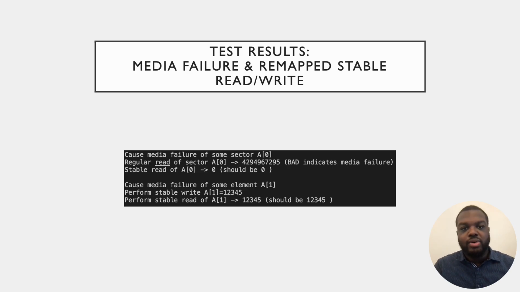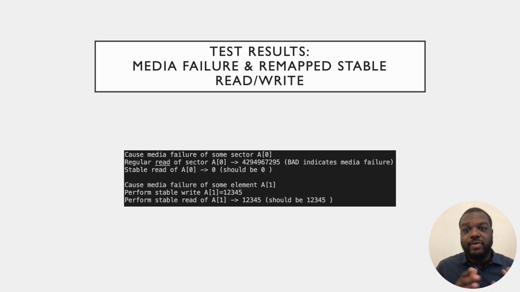When I do a regular read of A sector 0, it returns 4294967295, which is 0xFFFFFFFF, meaning that the sector is unreadable. But when I perform a stable read of A sector 0, it still returns 0, which is the correct value. That works because stable read can fall back on the second disk copy, which is B sector 0, or use spare mapping if needed.